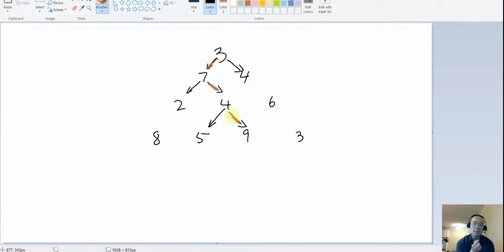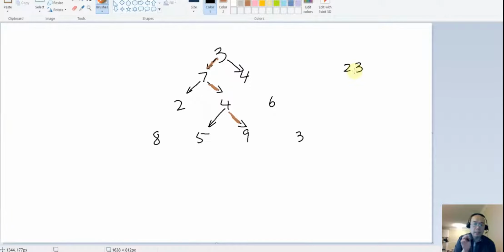Is this the highest possible sum of the numbers we can visit from top to the bottom? In this case, we have a total of 23, and the answer is yes.